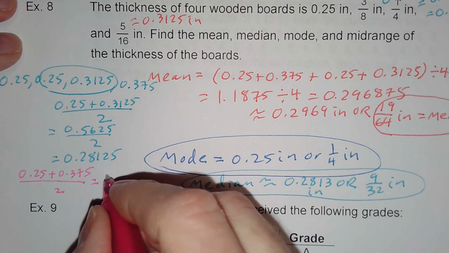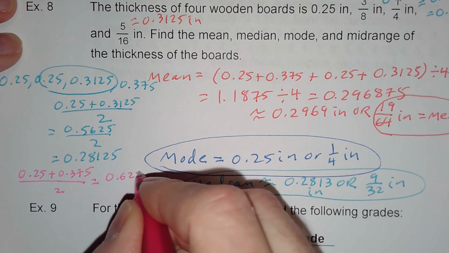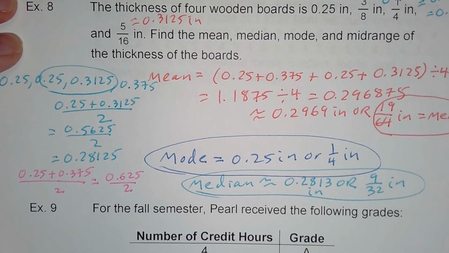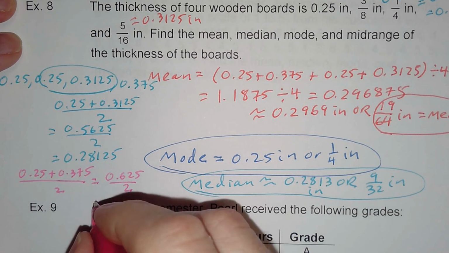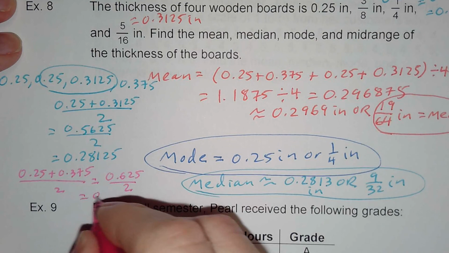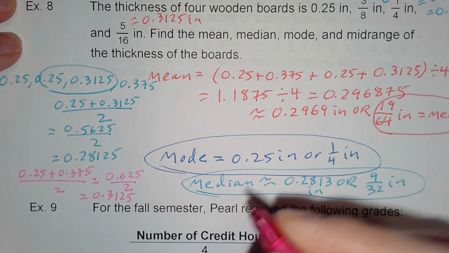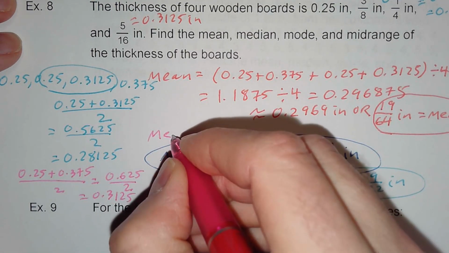That gives us 0.625 divided by 2, which is 0.3125. So I'll put it right here, mid-range.